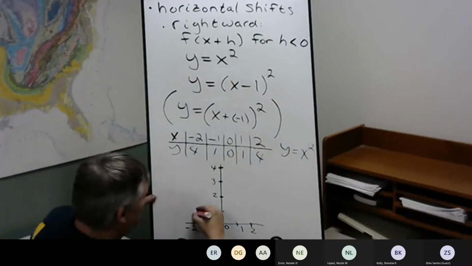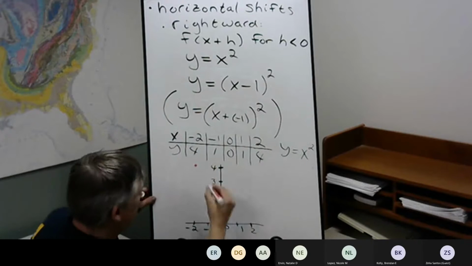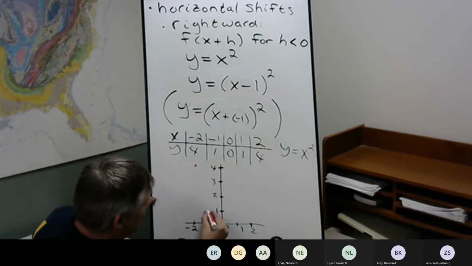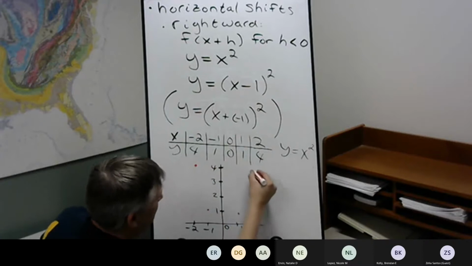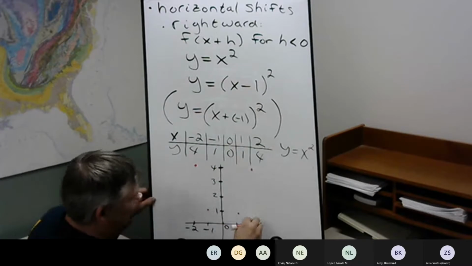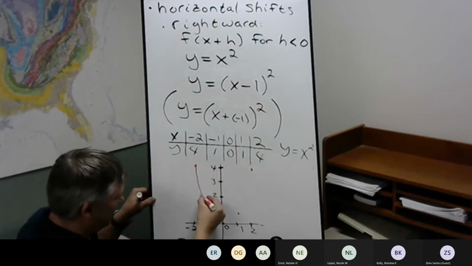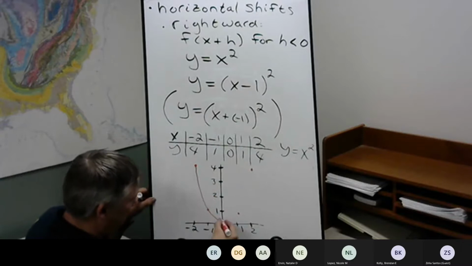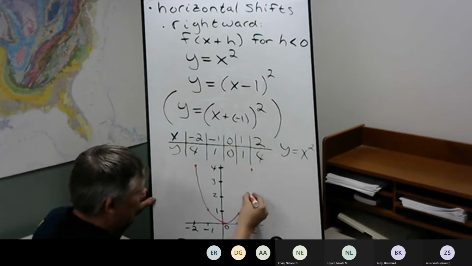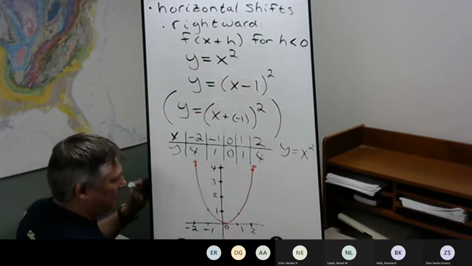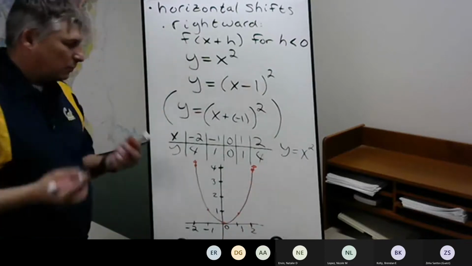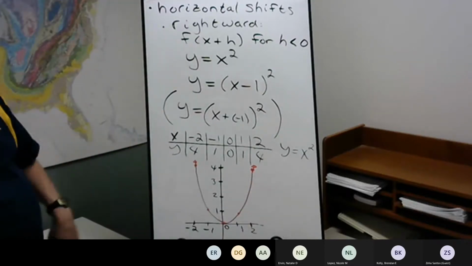So negative 2 and 4, negative 1 and 1, 1 and 1, 2 and 4, and then 0 and 0. So it does something like this. So that's y equals x squared.